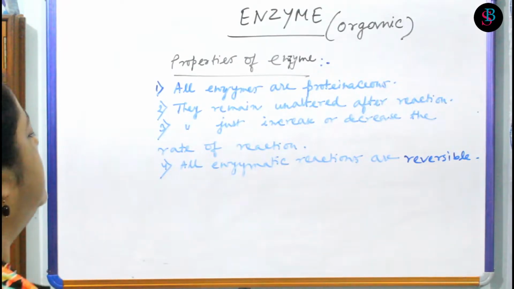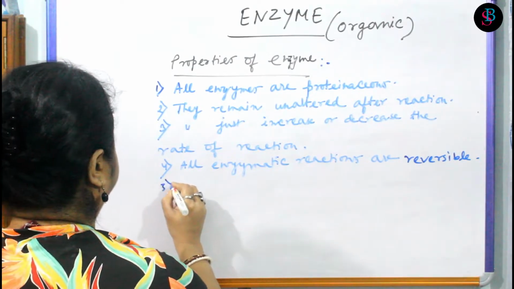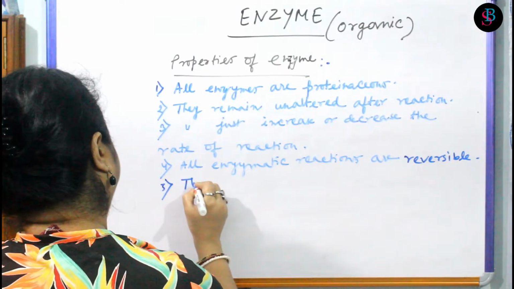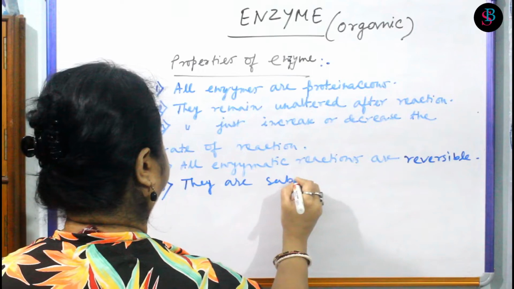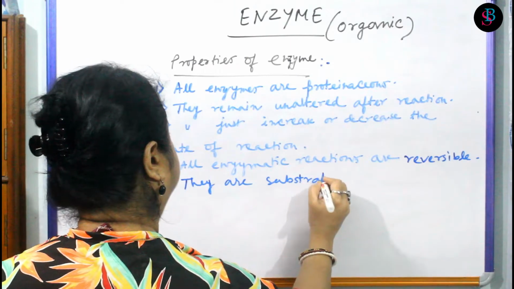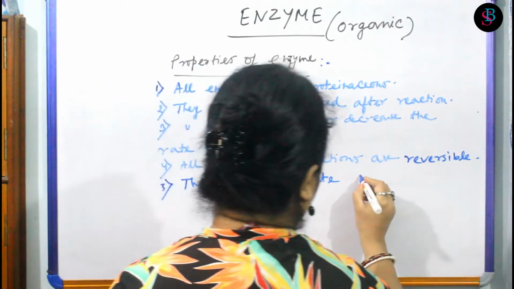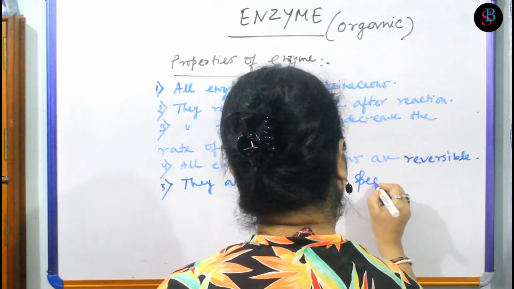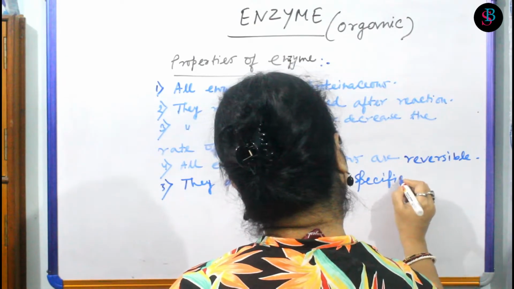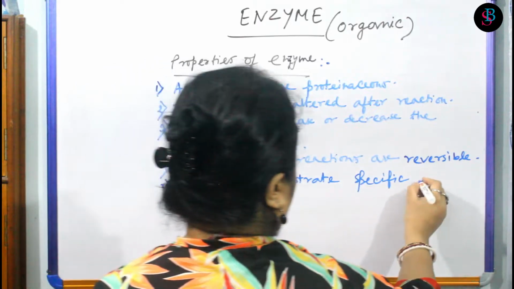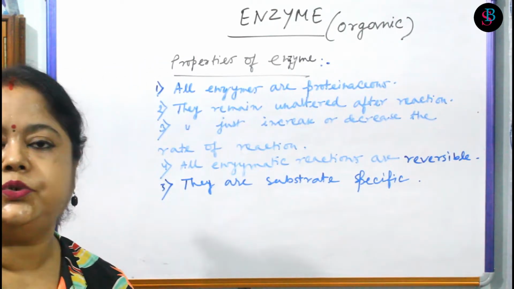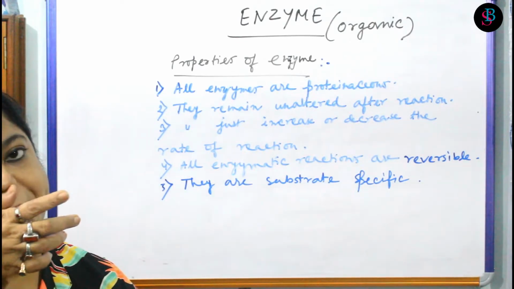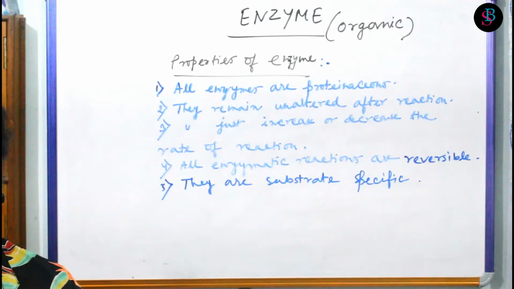Next, number five, they are substrate specific. That is, urease acts on urea, sucrase acts on sucrose, maltase acts on maltose, in that way.